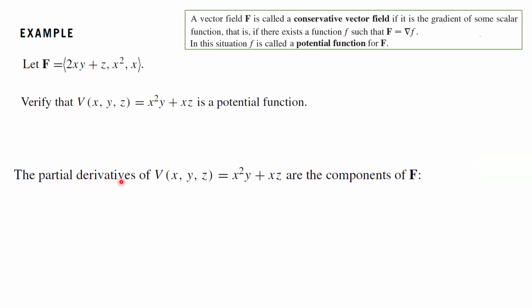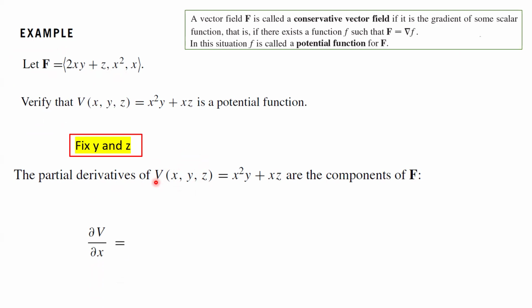We need to find the partial derivatives of this scalar function. And we need to show that if we take the partial derivative with respect to x, with respect to y, with respect to z, we basically construct these components. Take a look. The partial derivative of this scalar function with respect to x: to calculate that, you need to fix y and z.